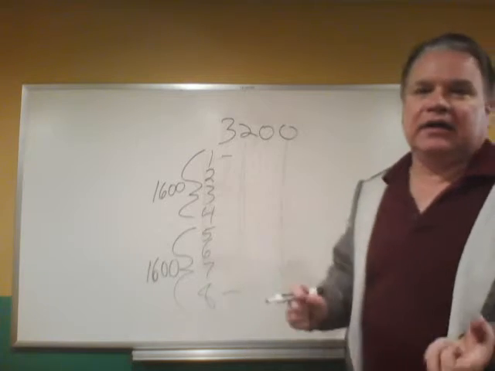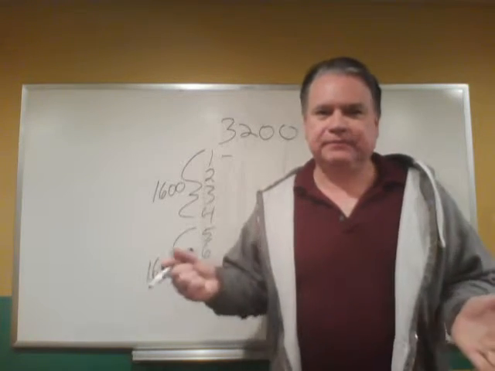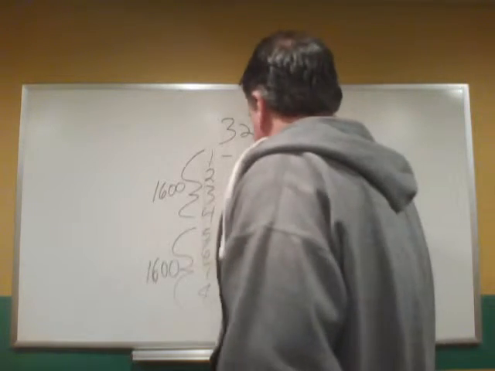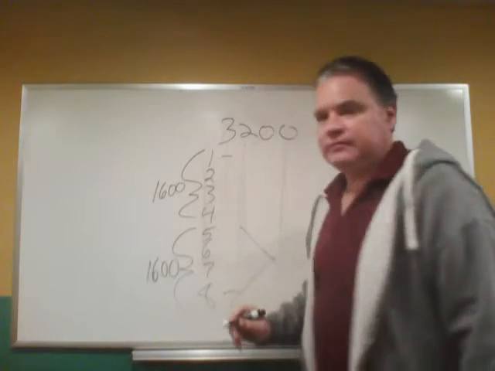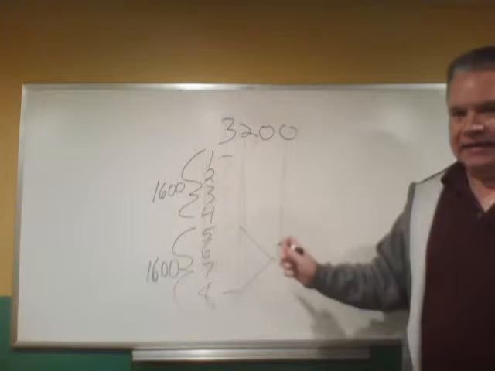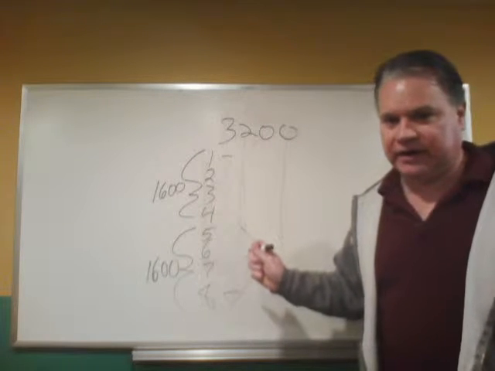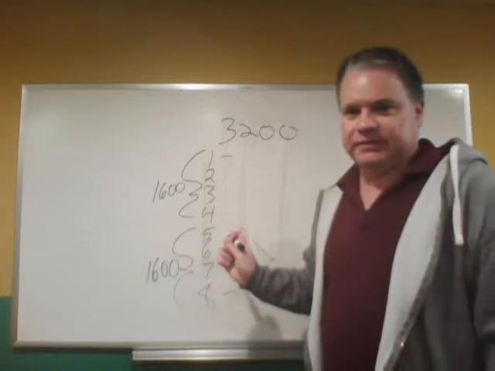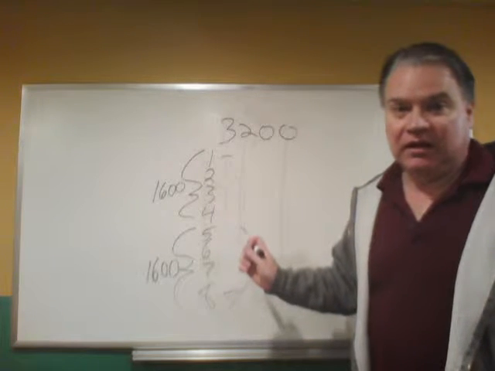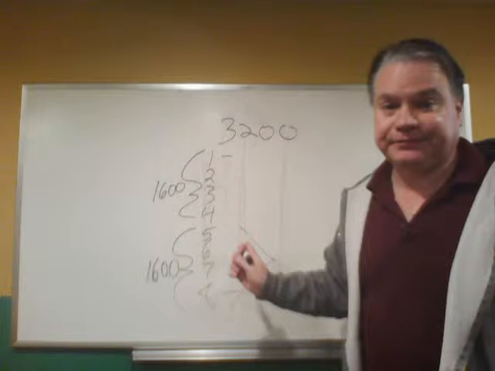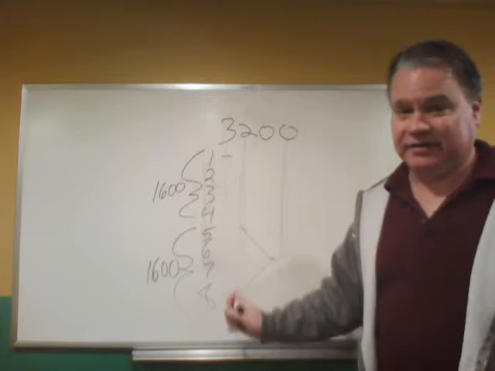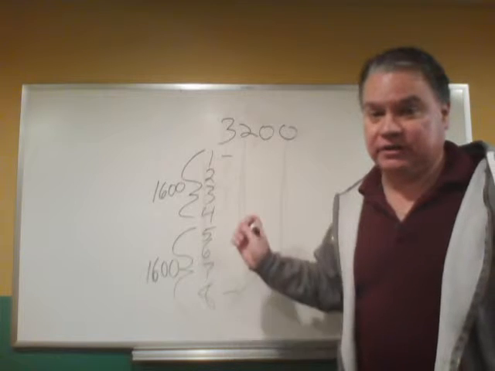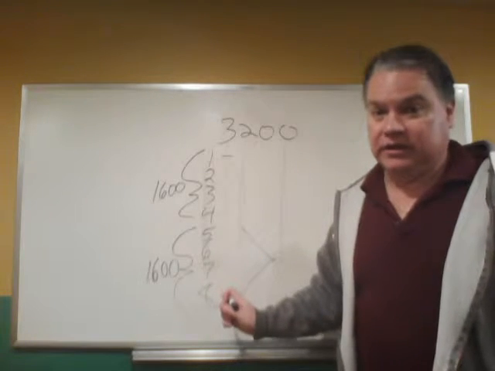The first mile is going to be the easier mile. It's the second mile where things start to get tough. And this is the key to the 3200. Whoever does well in the second mile does well in the race. This is where people start to get tired, and this is where you really have to push it to do well in this race.